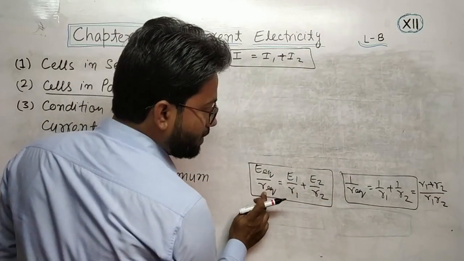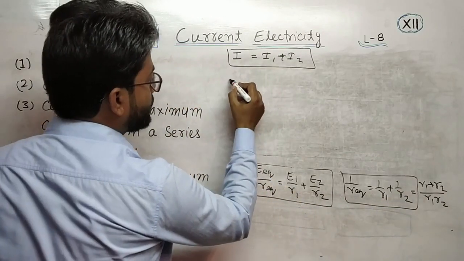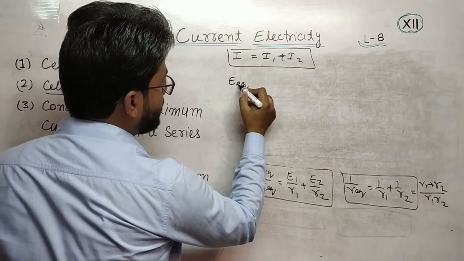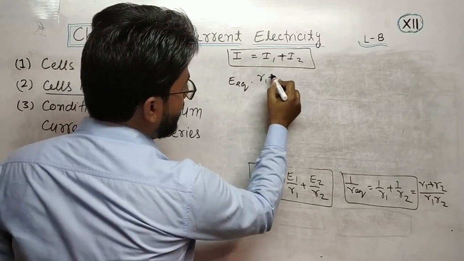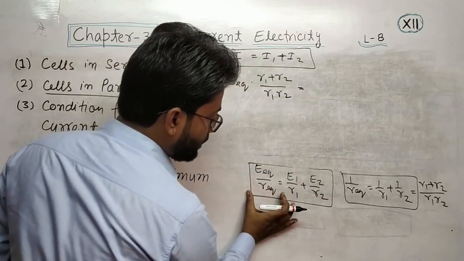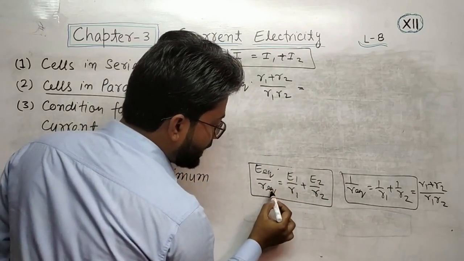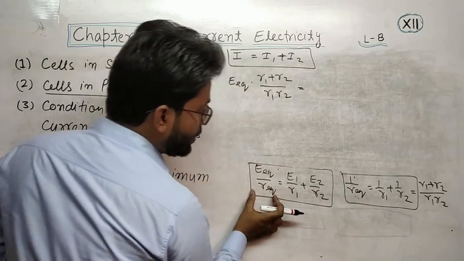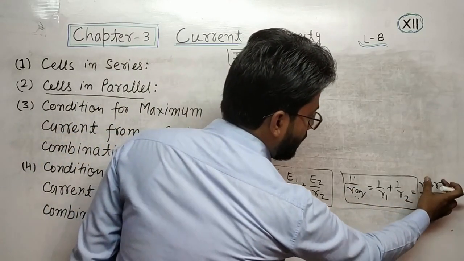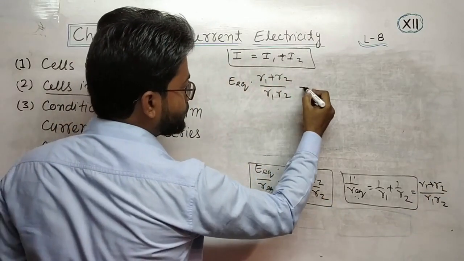In place of R equivalent, you can write R1 plus R2 upon R1 R2. E equivalent into R1 plus R2 upon R1 R2. Here, 1 upon R equivalent you can replace by R1 plus R2 upon R1 R2.